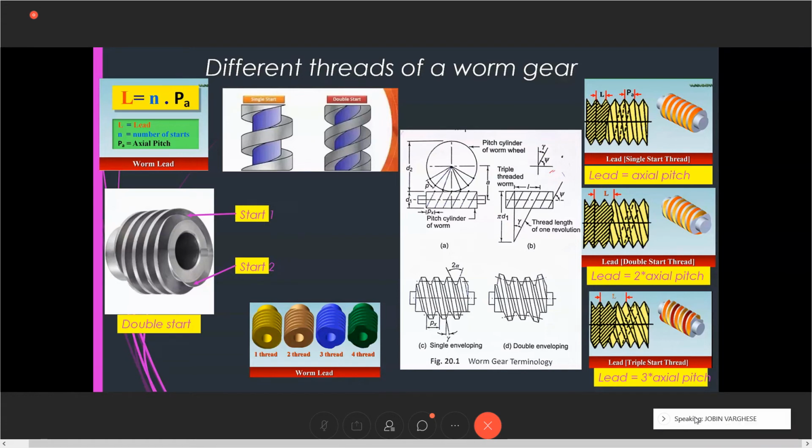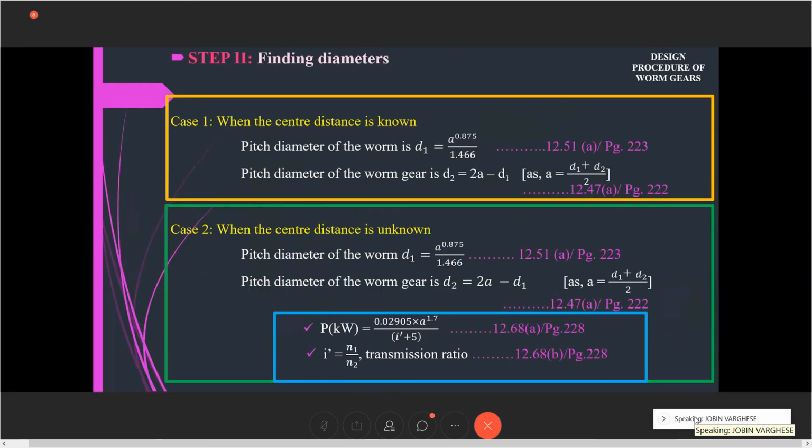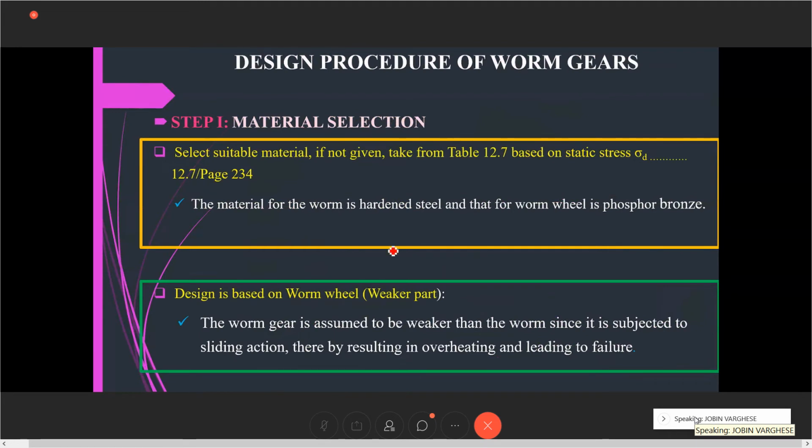Oh, so there are two equations for calculating the efficiency of a worm gear. Will it be specified in the question whether the driver or the driven part is the worm? Say we are designing this with the worm wheel as the weaker part, meaning the worm wheel will always be the driven one and the worm is the driving one.